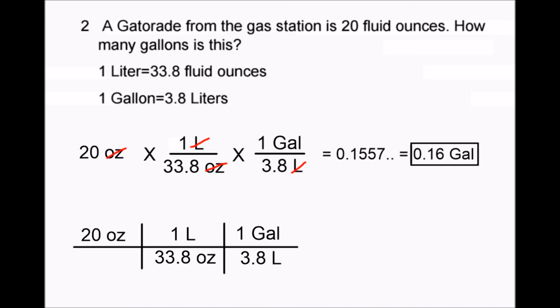Again, being careful to put the right units on top and on bottom so that I can get cancellation like so. You can see that the math I'm going to do is really going to end up being the same thing. I'm going to take 20 times 1 divided by 33.8 times 1 divided by 3.8, and I'll arrive at the same answer. I mean, these two methods, even though they have different names and they look slightly different, you can see mathematically are the exact same thing.